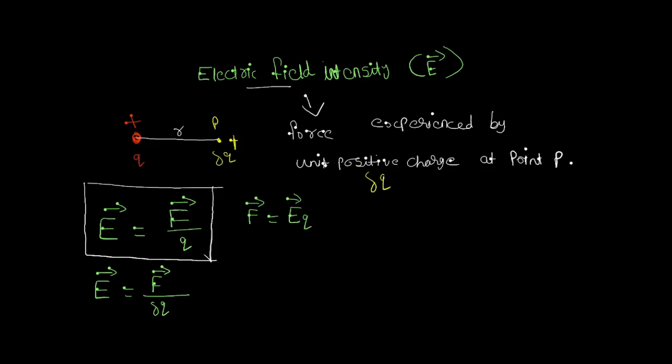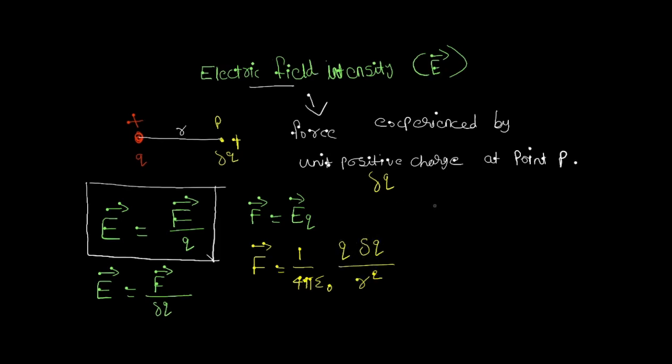According to Coulomb's law, what is force? F is equal to 1 by 4 pi epsilon 0 Q1 Q2 divided by R square. Here Q1 is charge Q and Q2 is charge delta Q. What is electric field intensity?